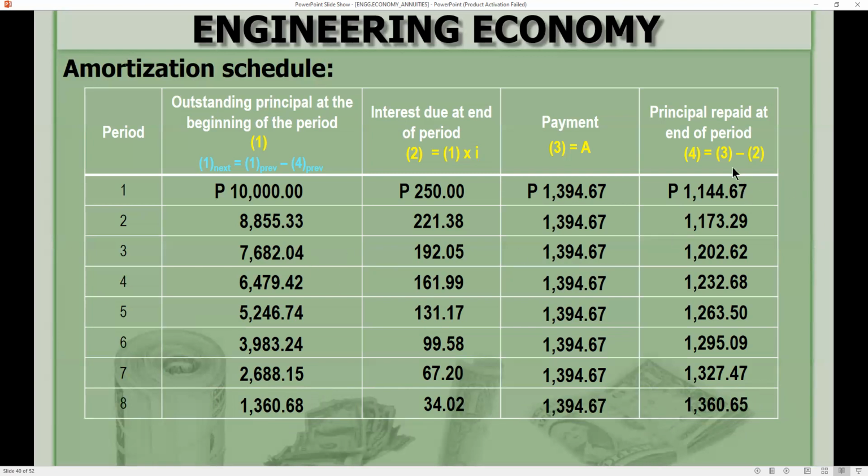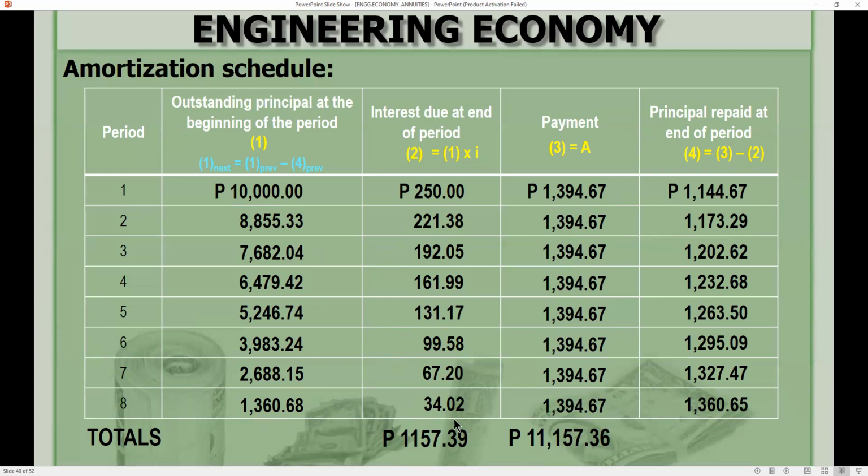So, that is the amortization schedule. So, if you add everything up, your total payment is 1,394.67 times 8, this one. You will see that the total amount minus your original debt of 10,000 is the interest, 1,157.36.